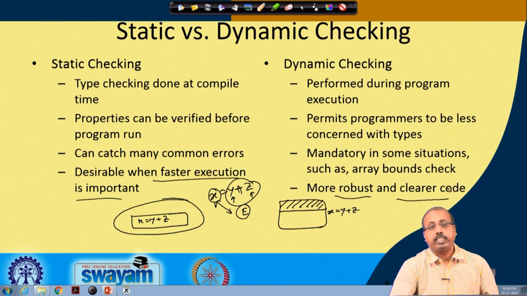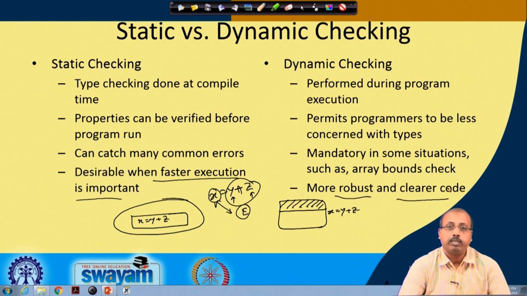Since dynamic checking is not there, the code becomes a bit clumsy at some points of time. It may behave in a different fashion which is unexpected by the programmer, whereas if dynamic checking is there, then all those problems can be resolved. So you can get more robust and clearer code with dynamic checking.